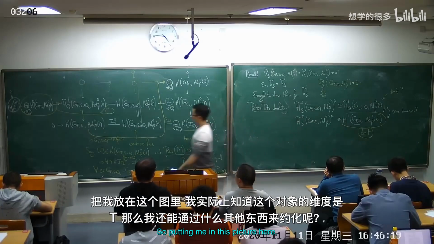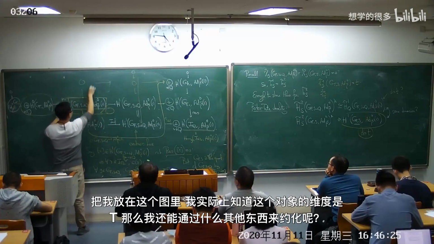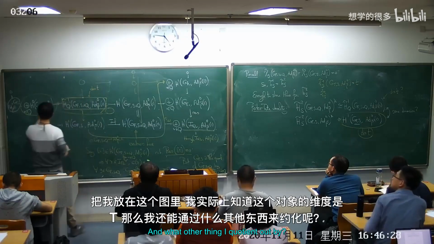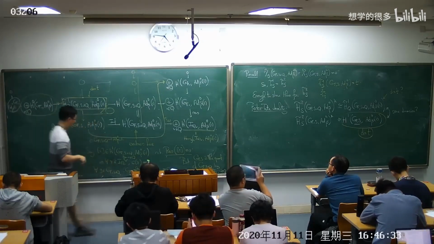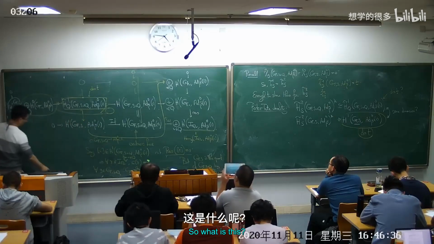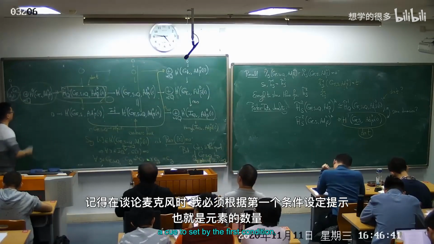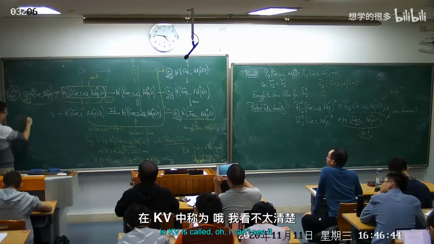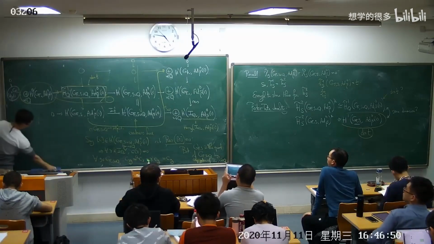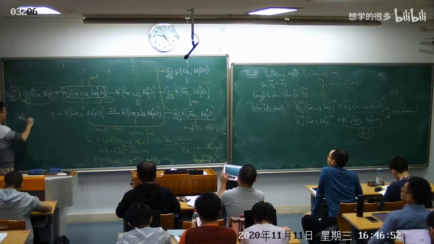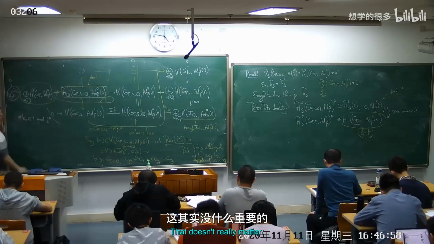So putting it in this picture here, I actually know this guy has dimension t. And what about the thing I quotient out by? Let's check this dimension. So what is this? Remember, I have to take the Q to satisfy the first condition, which is that the number of elements in k_v is congruent to 1 modulo l, actually l to the N, very big N. It doesn't really matter.